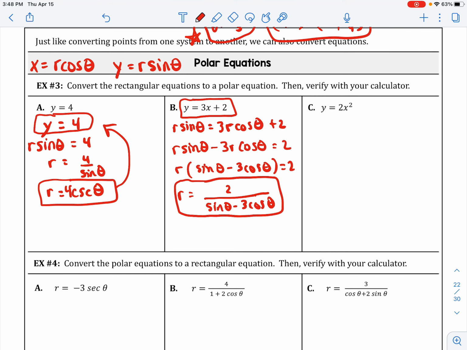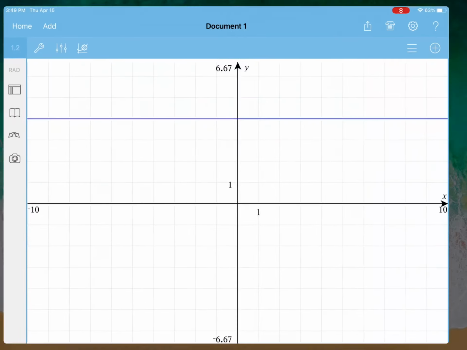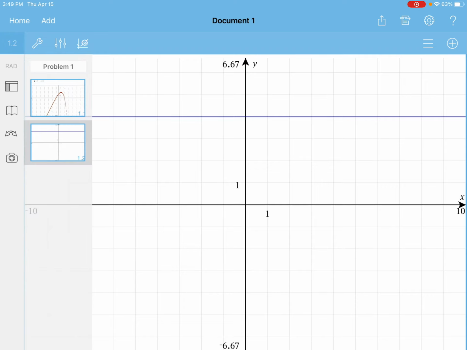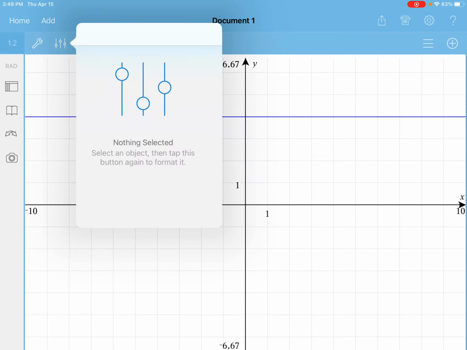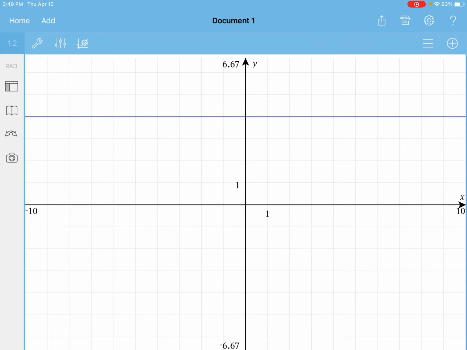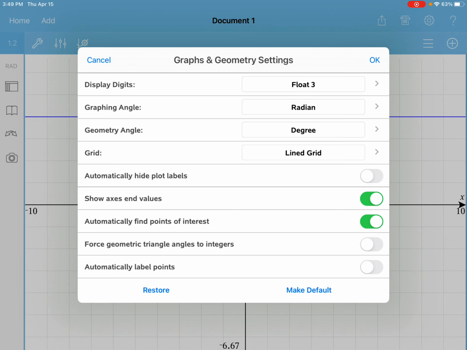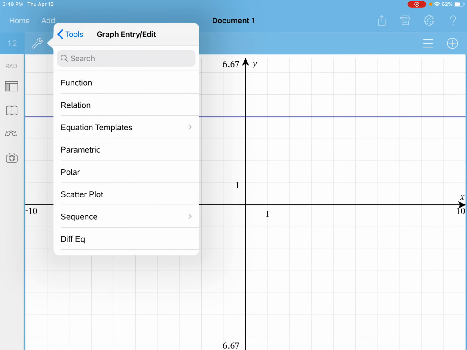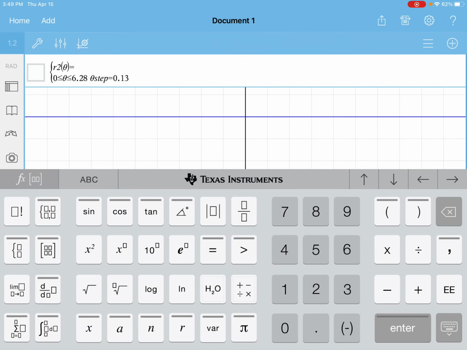So let's go back and try and put that in. 2 over sine theta minus 3 cosine theta. So in my TI Inspire, I can't remember how to pull that graph up. Nope, sorry, cancel. Here we go.